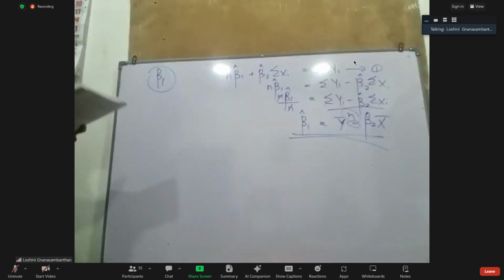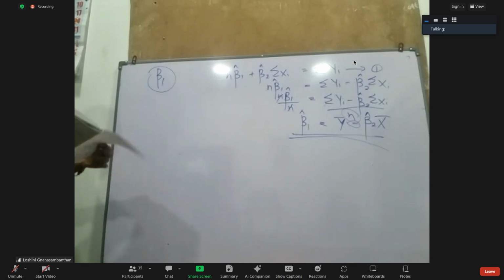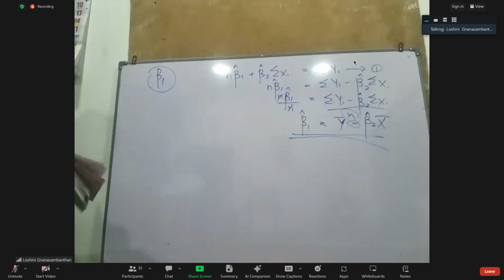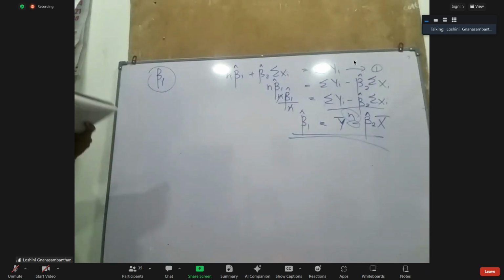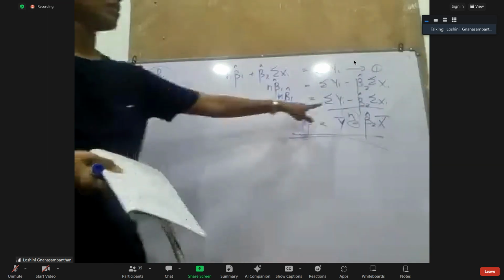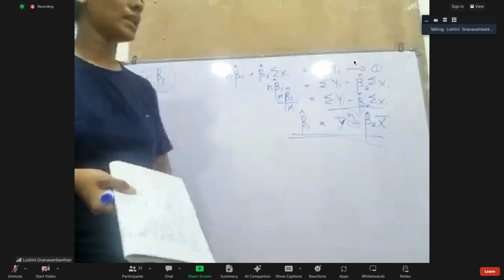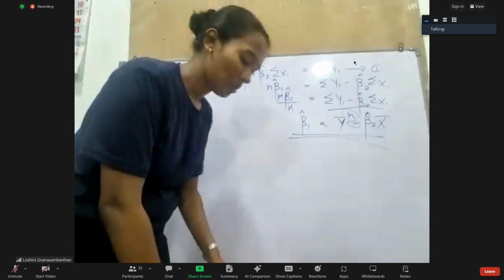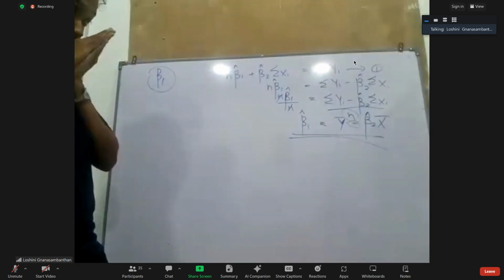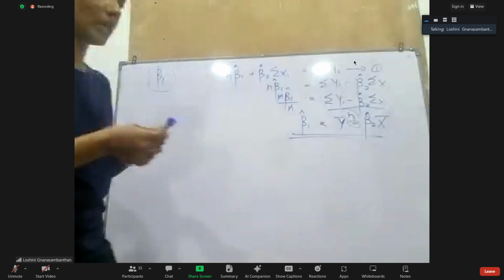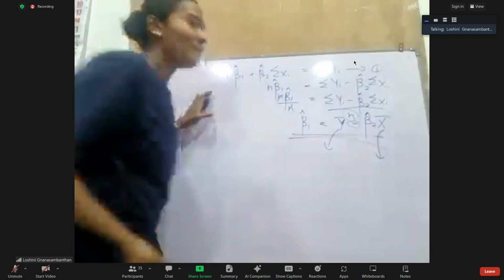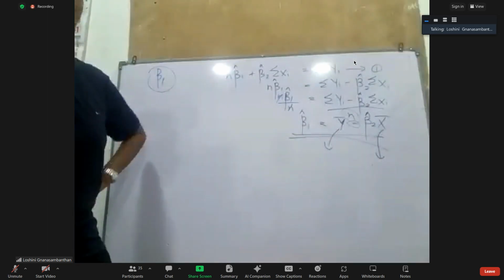This equation also is not very new for us. Now this sigma yi divided by n is y bar. It's the mean, right? And also, I want to emphasize whether this y bar and this x bar are conditional or unconditional.